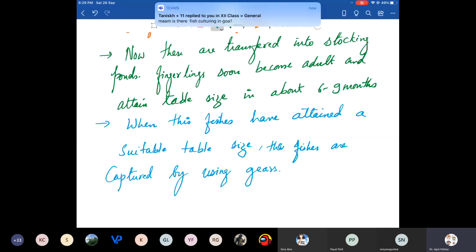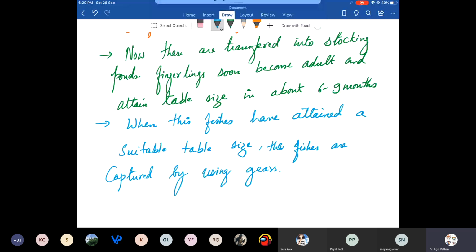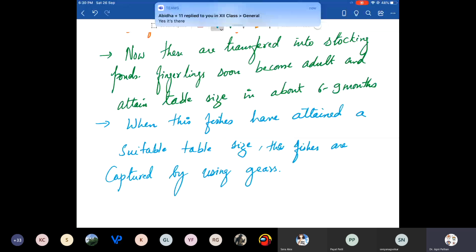Ma'am, is there fish culturing in Goa? Yes, fish culturing. I've not seen it in Goa, but I've seen this fish culture in Karnataka somewhere. I don't remember which place, I visited it a very long time ago. I've seen how the ponds are. You have different tanks to grow different fishes of different size. I think it should be there in Goa, but I don't know exactly where. Okay, Abida, you have seen.